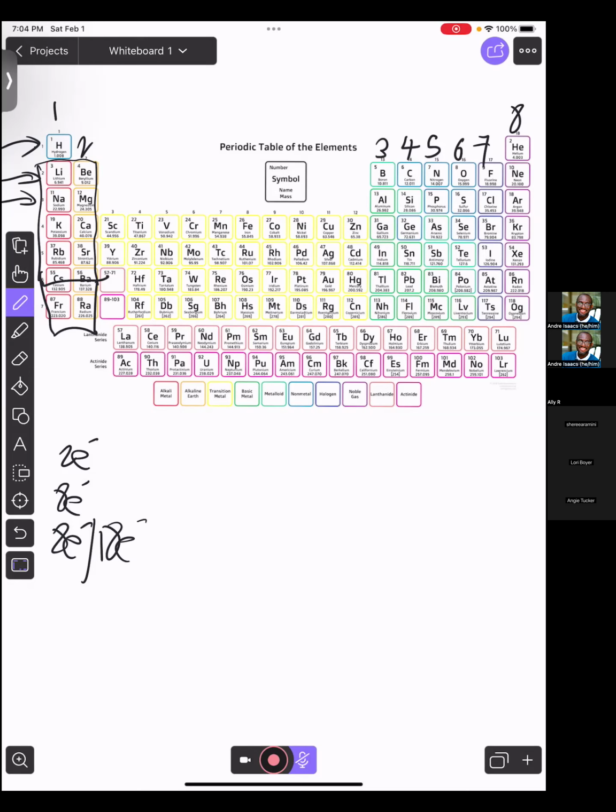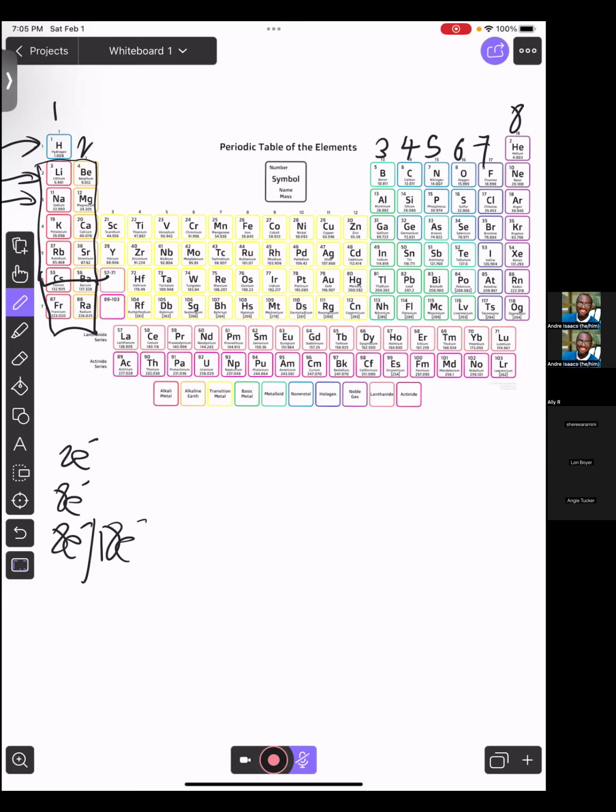If you lose an electron, you become positive. Because of that, these left 2 columns are what we call our metals, and they're going to have a plus charge. Everything in the first column, or group 1, is going to be +1 because it currently only has 1 electron in its valence. So if it loses 1, it becomes +1.